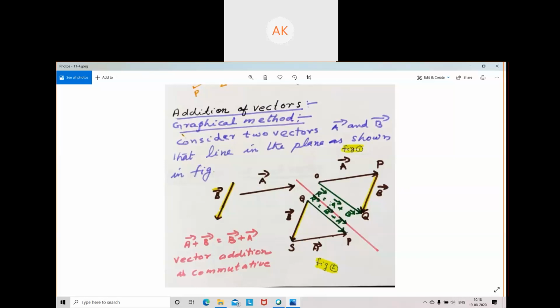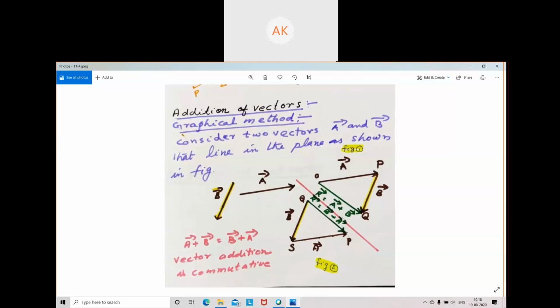You see, they are parallel. The magnitude is also the same. So if you take correct measurements, you will get the same magnitude and the same direction for both resultants. The same direction, how can you tell?